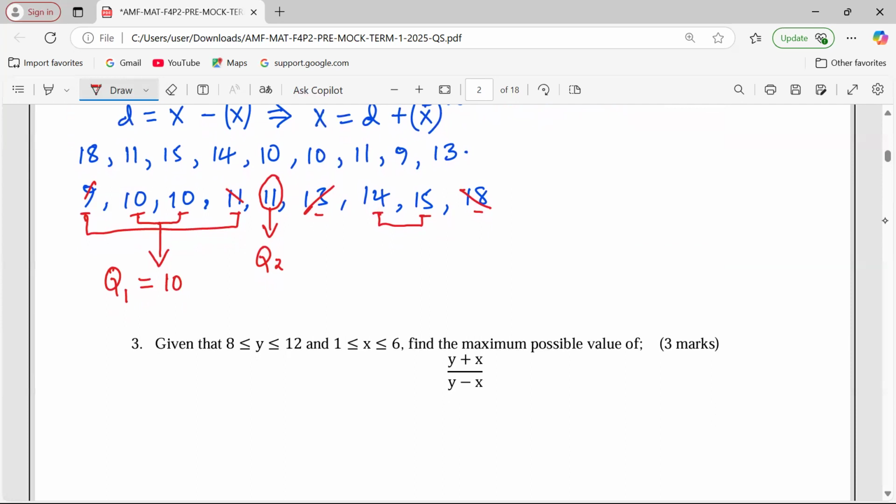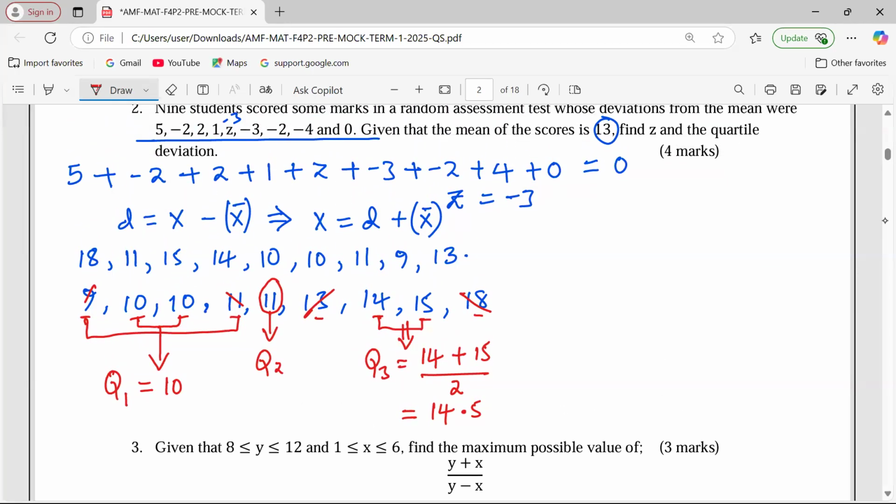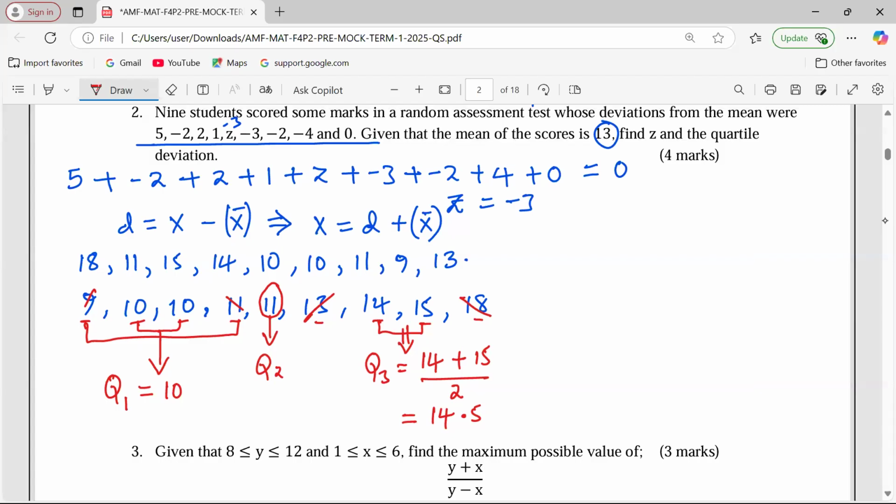So we take their average, whereby Q3 is going to be 14 plus 15 divided by 2, and this is going to be 14.5. So Q1 is 10, Q3 is 14.5.